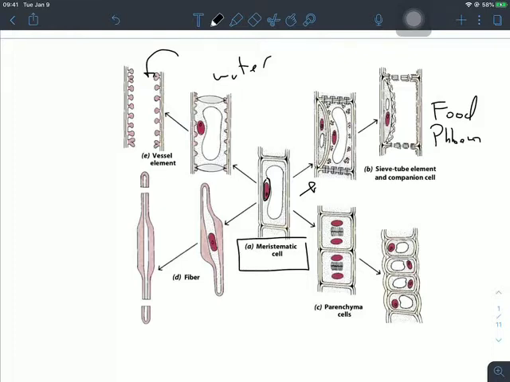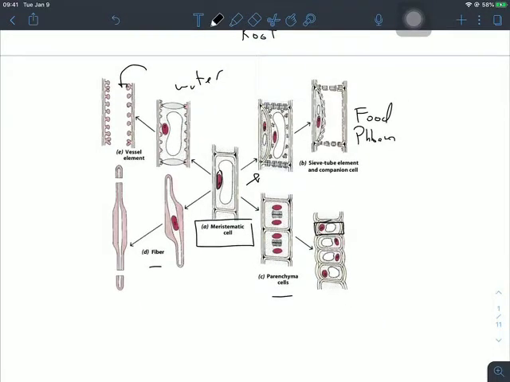A cell that purposefully commits cell suicide in order to perform its function. Crazy to think about, right? You also have cells that are structurally supportive, like fibers, or cells that are metabolically active. Looks like the cells that we have in our textbook, the typical plant cell, the parenchymal cells. So you have lots of different cell specialization from these different meristematic cells.